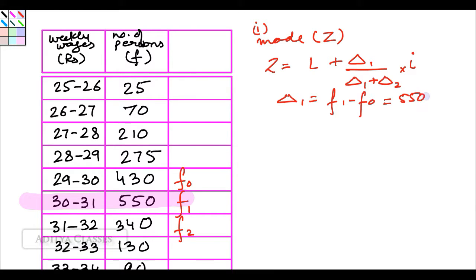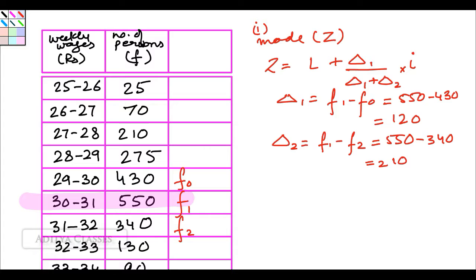For our sake it will be 550 minus 430, making it 120. Then delta 2 for our sake would be the difference of the modal frequency and the frequency next to it, that is 550 minus 340, making it 210.